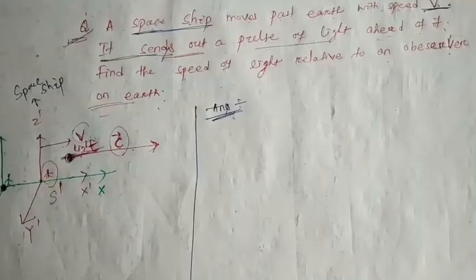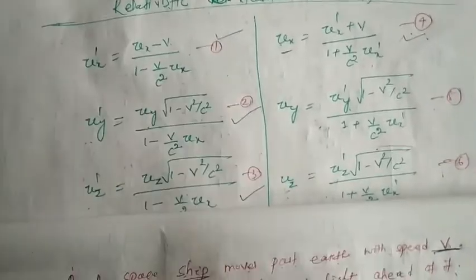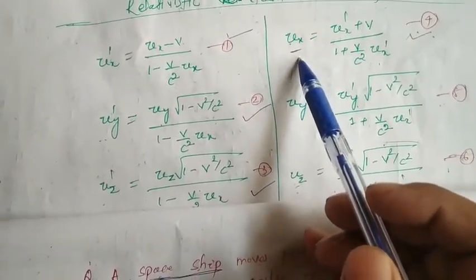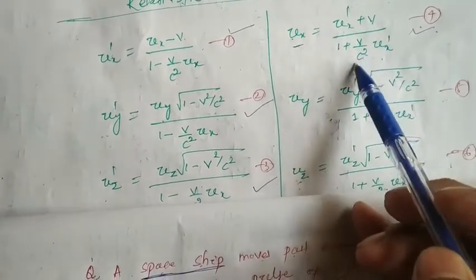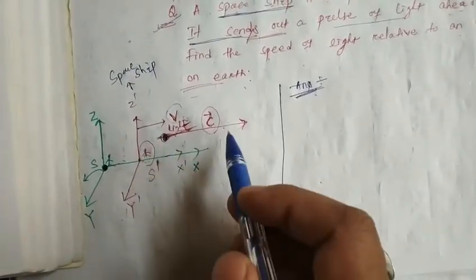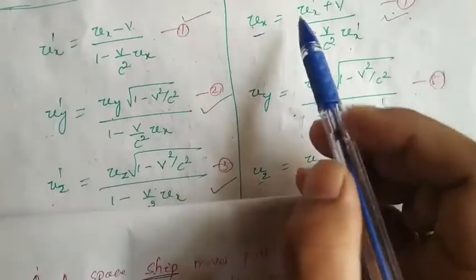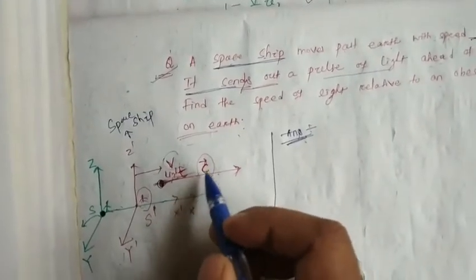Let's do it. So we know that ux equals ux dash plus v by 1 plus v by c square ux dash. Here the velocity component is only along the x axis, so I am going to consider this one only. So here ux dash is c.